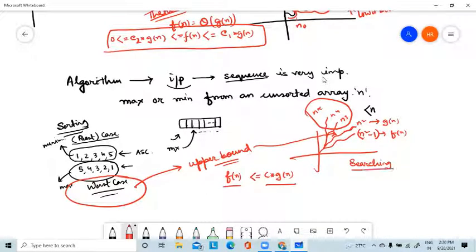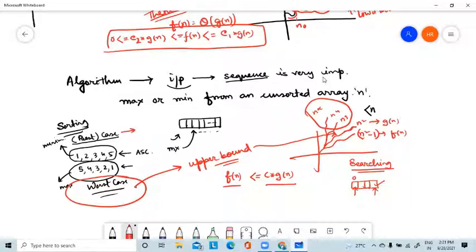In case of searching, if my search element is at the 0th position in the array, then I will say this is the best case. Why? Because only one comparison is required to search my particular element. But if my element is at the end, then I will say this is the worst case because it will take the maximum time.